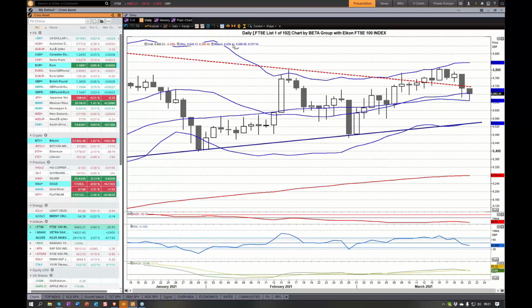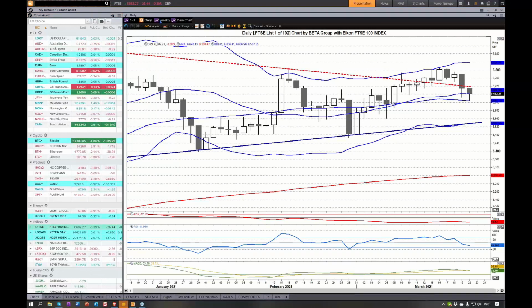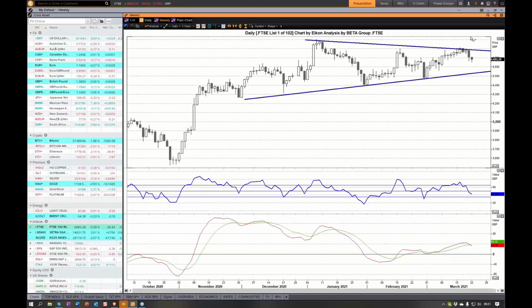On the UK 100 here, I'm not sure what to think about this in that we've got this triangle on the weekly, big triangle here. And if you draw it like this, we're still contained by the triangle, but we've fallen shy of that point there. Definitely got the 4 rising lows there, that is clear, but the problem is this line here.